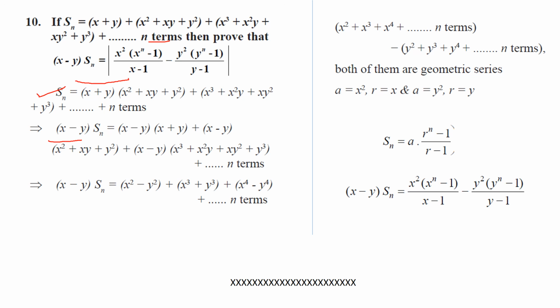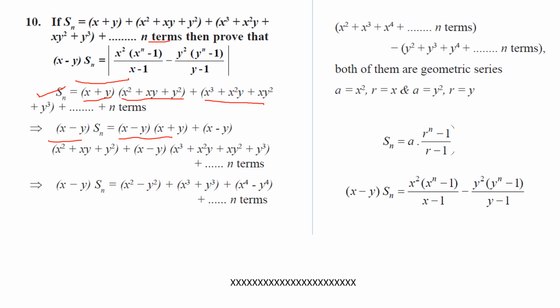So you get (x minus y) into Sn equal to, first term here x plus y, you multiply (x minus y) into (x plus y). Second term, multiply (x minus y) into (x squared plus xy plus y squared). Plus third term, (x minus y) into (x cube plus x squared y plus xy squared plus y cube), etc.